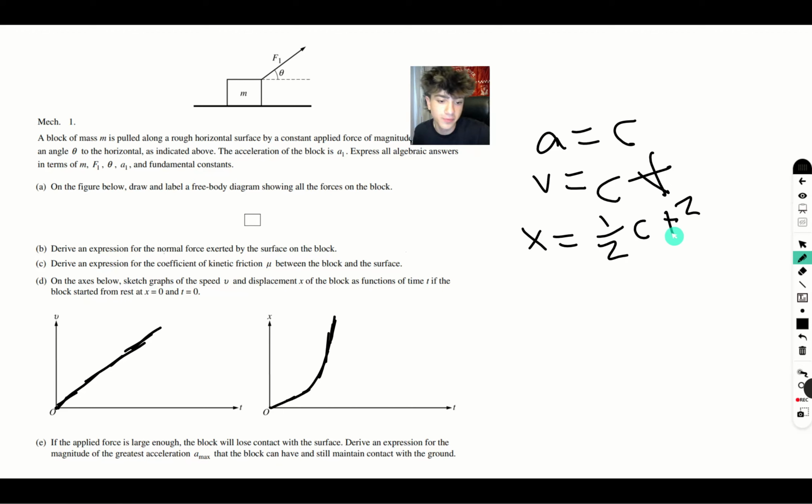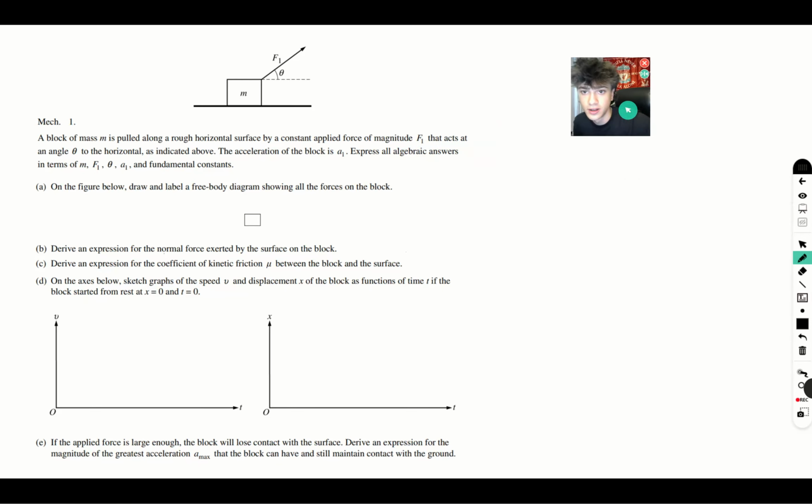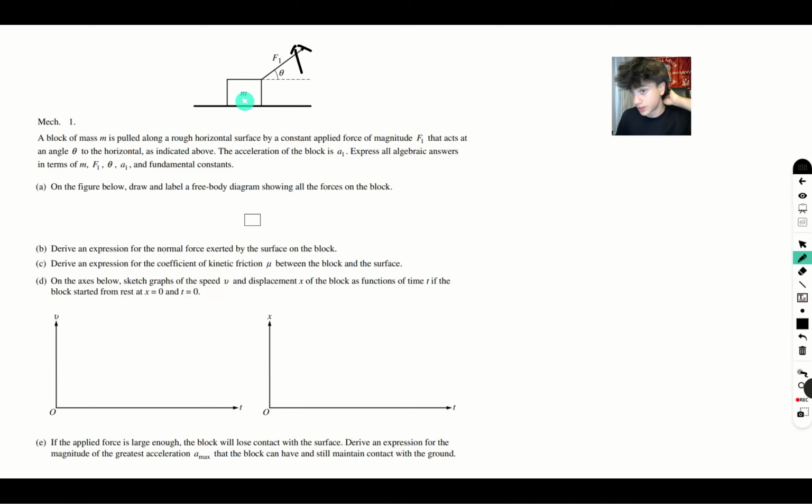If the applied force is large enough, the block will lose contact with the surface. Derive an expression for the magnitude of the greatest acceleration the block can have. We know that the block will lose contact with the surface when the vertical component of this force is equal to or greater than gravity.